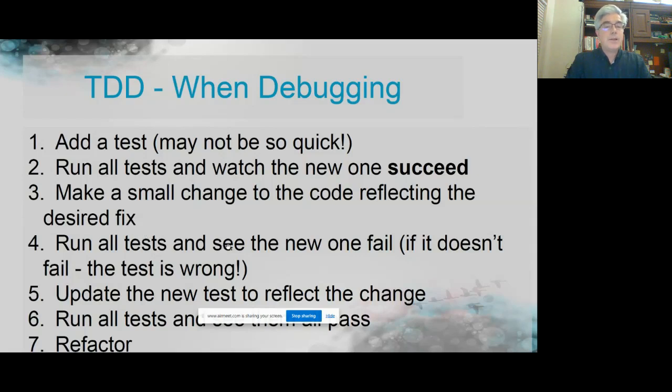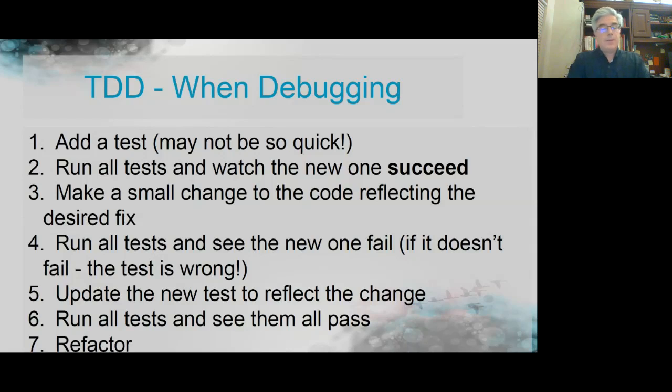Then you'll run all the tests and see the new one fail. And if it doesn't fail, the test is wrong. Then we'll update the new test to reflect that change. We'll run all the tests and see them all pass this time. Okay, and then finally, we'll go and do that oh so important refactor step.